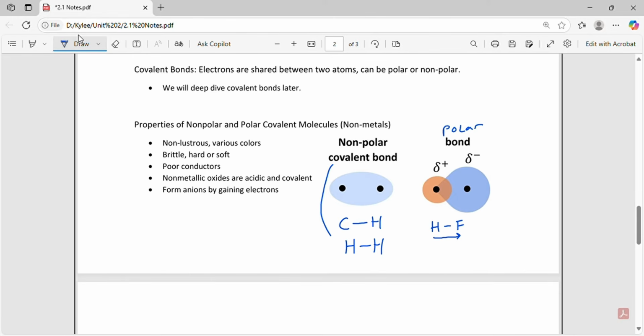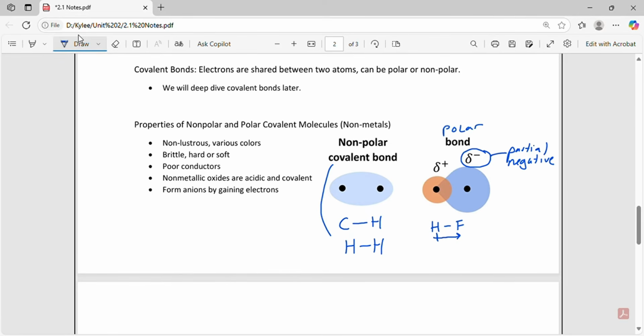And what that does is it gives fluorine's side of the molecule a partial negative charge. That is the way that we show a dipole, is to put this little Greek letter and then the negative sign. And then because they're being pulled towards fluorine, that means that the hydrogen end becomes positive.